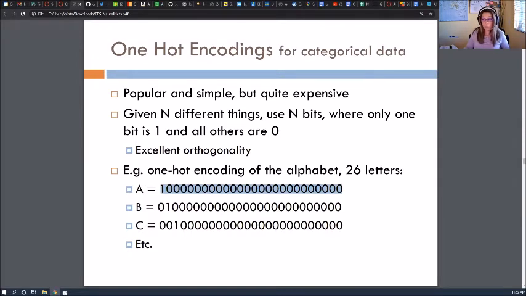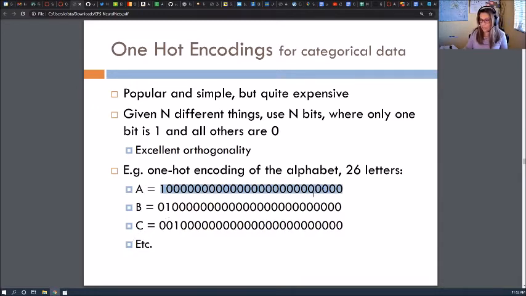It's very good for orthogonality, because we have 26 dimensions, and for each different symbol, only one of those dimensions is activated, not many. Even though these are all real numbers, this is the best possible orthogonality between the categorical data.